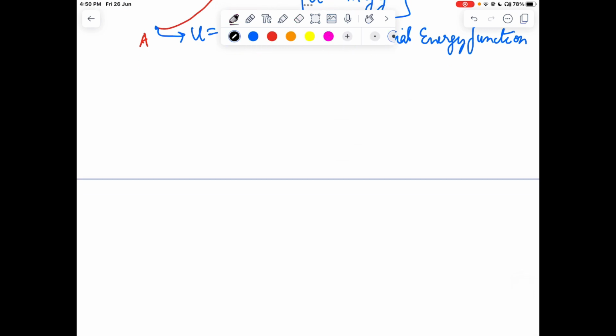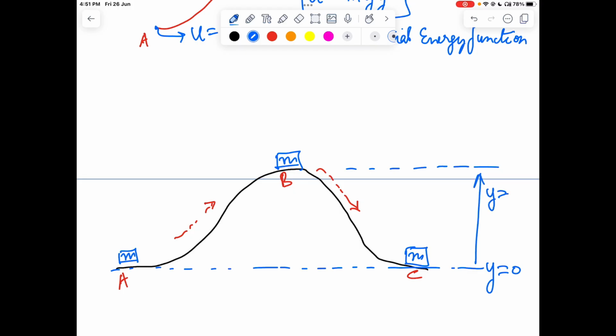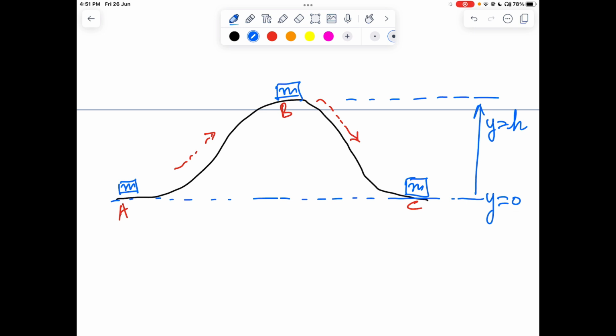So now let's say we have this kind of an incline, and a body of mass m which climbs this incline, and we define this as y is equal to 0. So we have the height reached as y is equal to h. Now we know that the potential energy function U is defined as mgy.